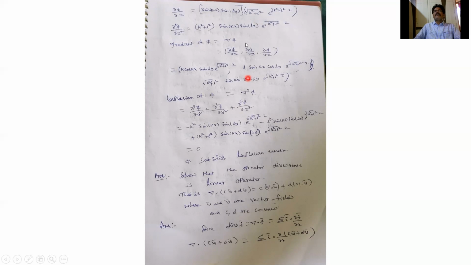So a means √(k²+L²), and here we get √(k²+L²) e^(√(k²+L²) z).